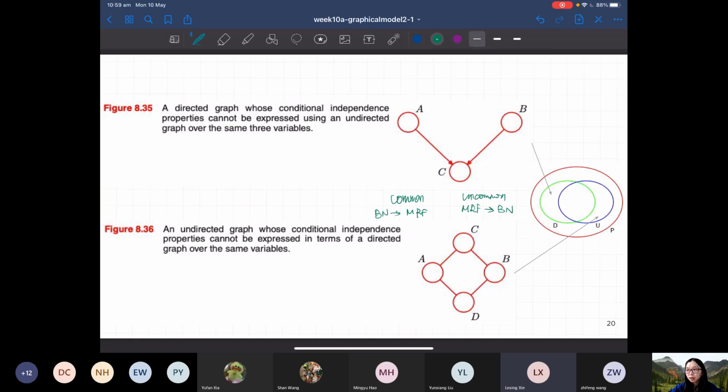Partly because of the available inference algorithms. As we will see, factor graphs and sum-product algorithms work for MRFs and also work for Bayes nets. But the specialized Bayes network inference algorithms don't work for all MRFs.